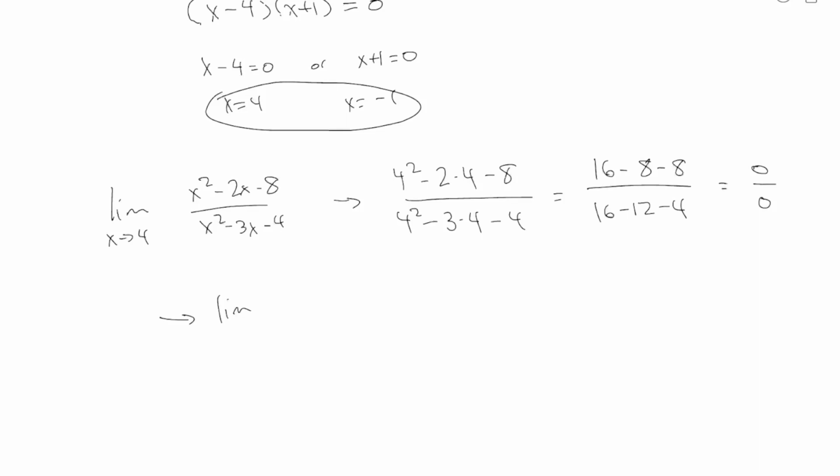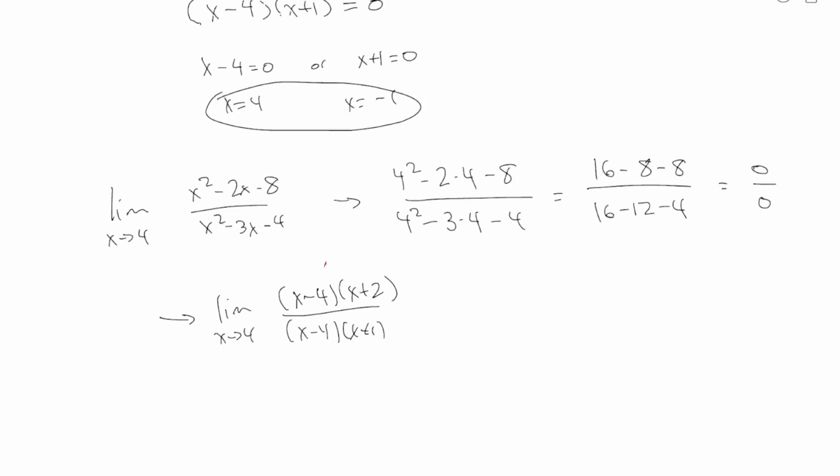Here, the simplifying is by factoring. The bottom, I already know how to factor. What did you get when you factor the top? Somebody said x minus 4 and x plus 2. I think that's right.